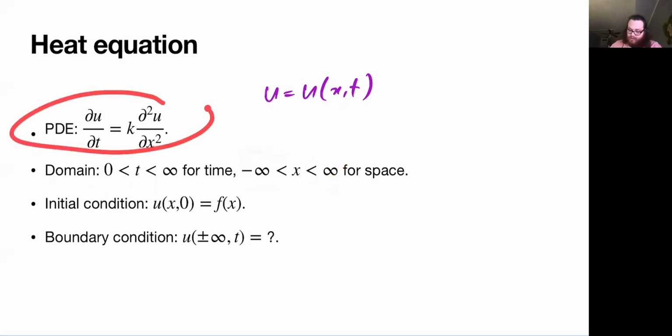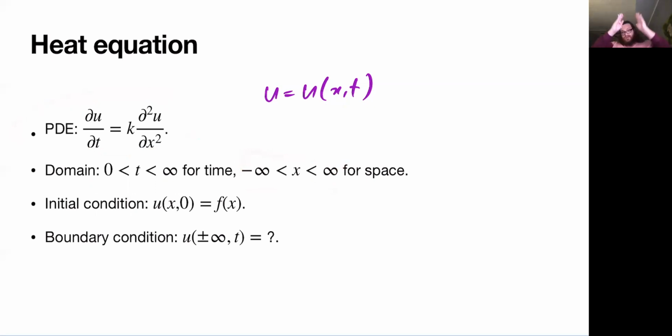So here's our PDE. We also need an initial condition and boundary conditions. For our initial condition, we're saying, what is the distribution of temperature on this infinite real line? It's some initial function f. But now comes the interesting bit: what should our boundary conditions be? Related to that, what even is the boundary of this infinite interval?